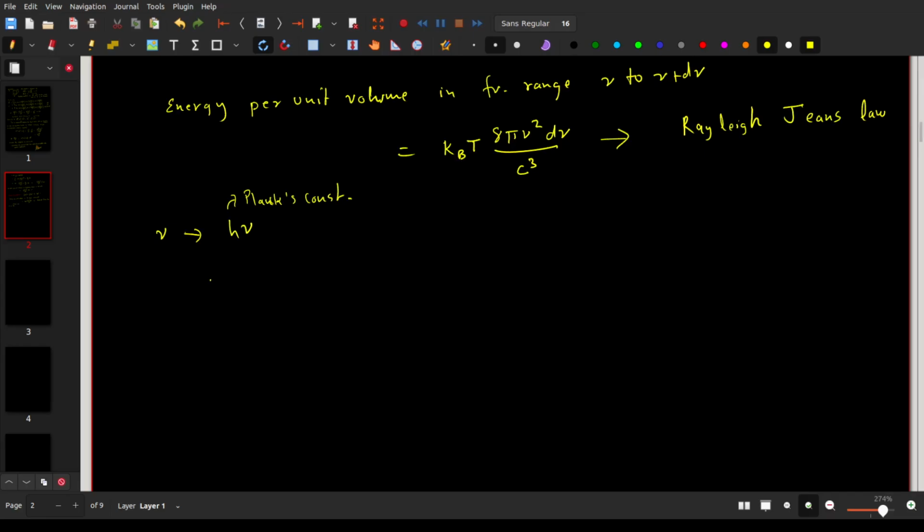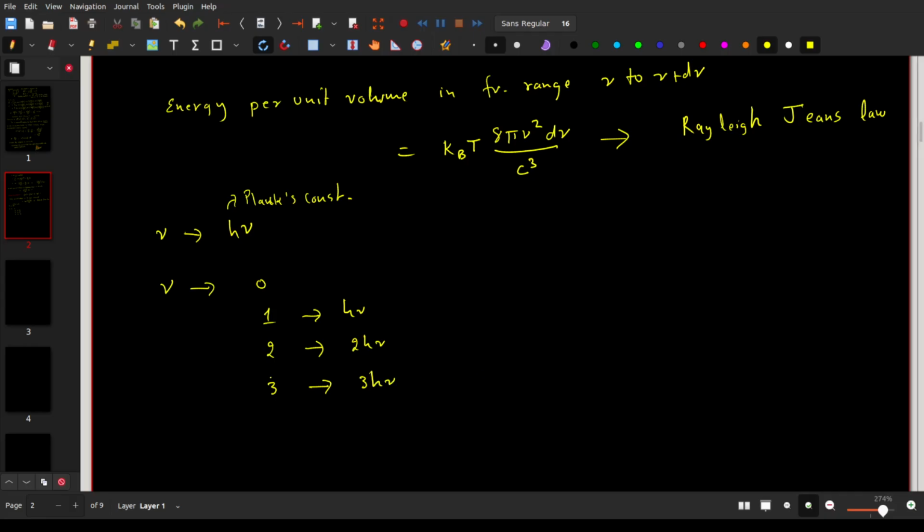So at each frequency nu, we can have 0 quanta, we can have 1 quanta which contributes energy h nu, we can have 2 quantas which contribute energy 2h nu, we can have 3 quantas which contribute energy 3h nu, and so on.